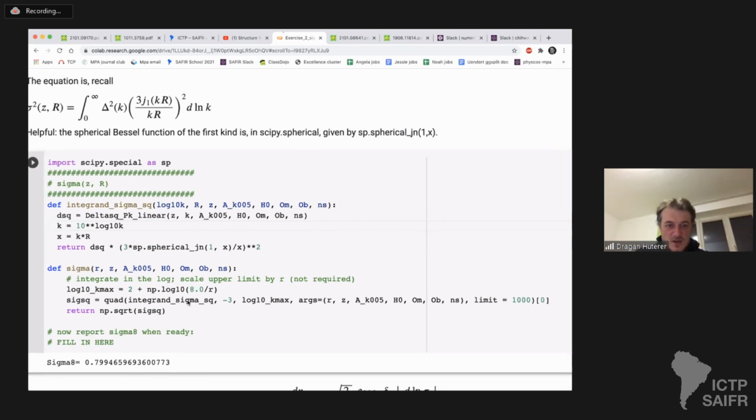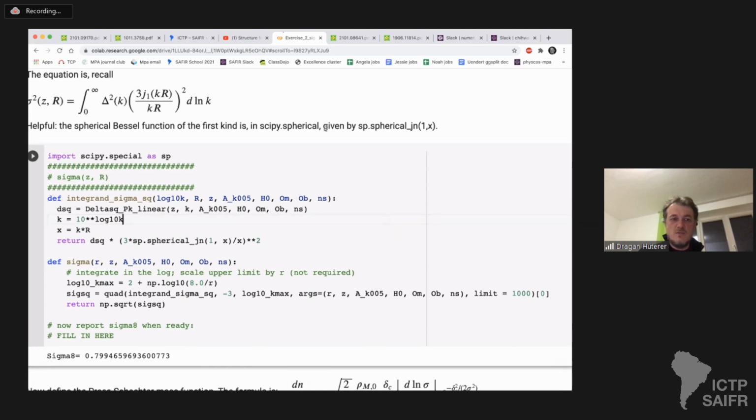Next, I need to integrate it. The only thing here is that this is where I'd love to see my solutions, because maybe I'll switch to them, because this thing is integrating in log.